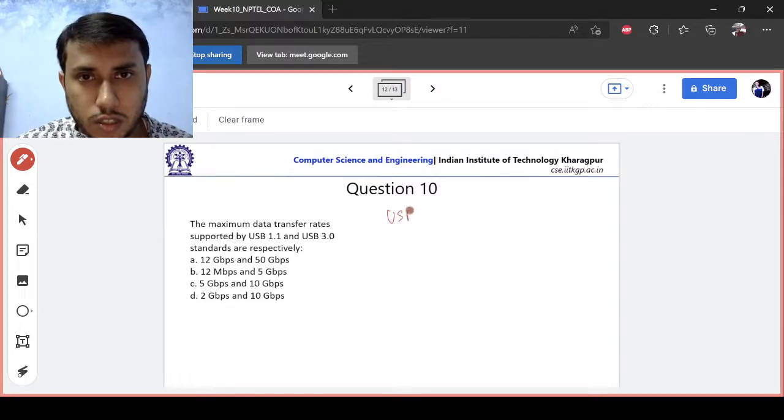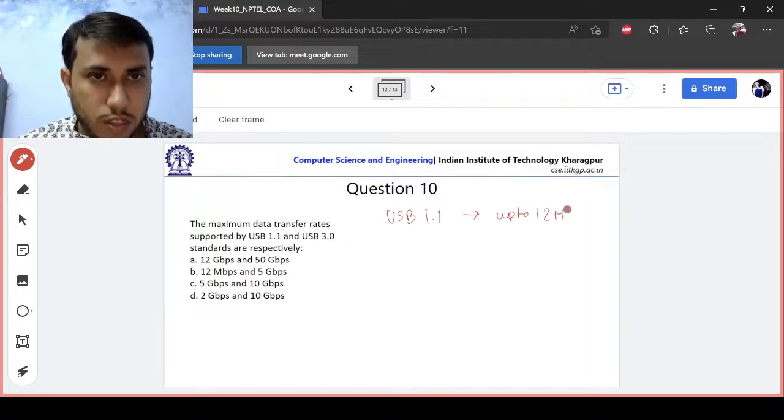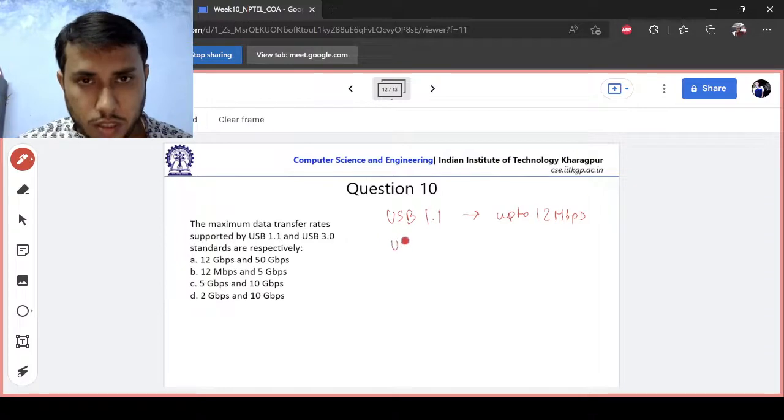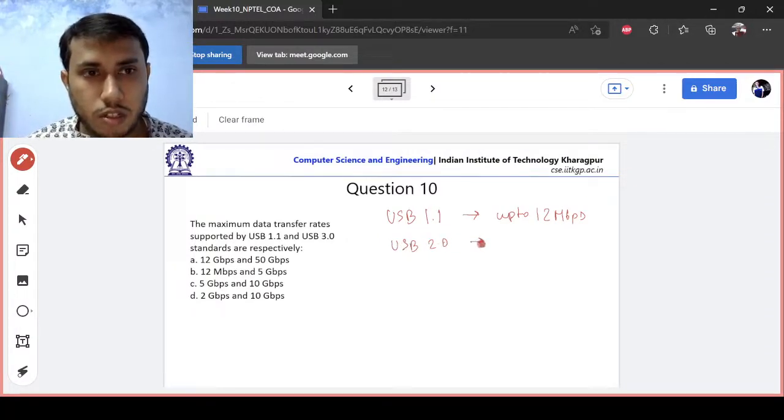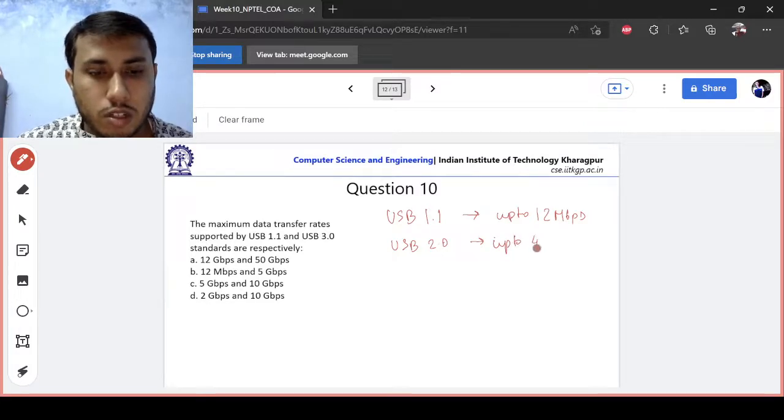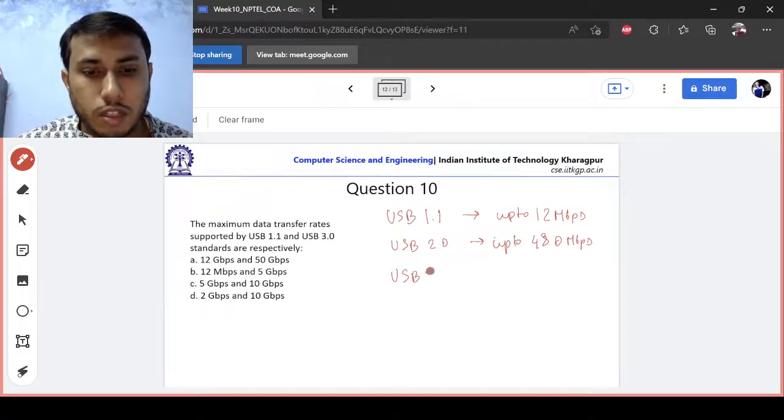So USB 1.1 up to 12 Mbps, USB 2.0 up to 480 Mbps, USB 3.0 up to 5 Gbps, USB 3.1 up to 10 Gbps.